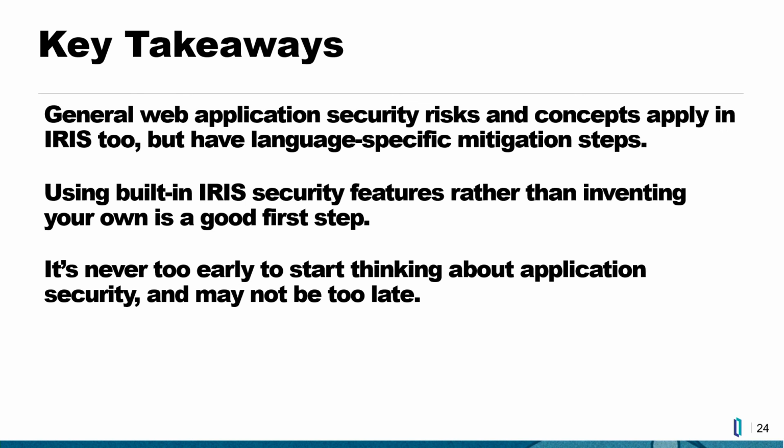But they each have their own mitigation steps that are specific to IRIS and ObjectScript. Second, we'll repeat for maybe the 6th time, using built-in IRIS security features rather than trying to invent your own from scratch, that's always a good idea. And finally, it's never too early to start thinking about application security, and it's probably not too late, so why not now?